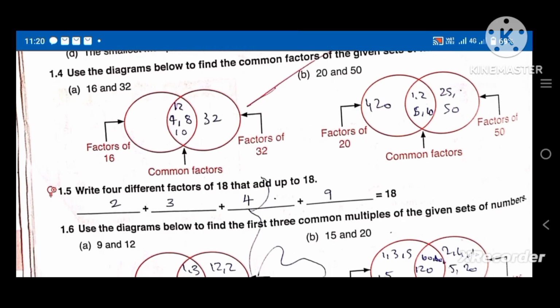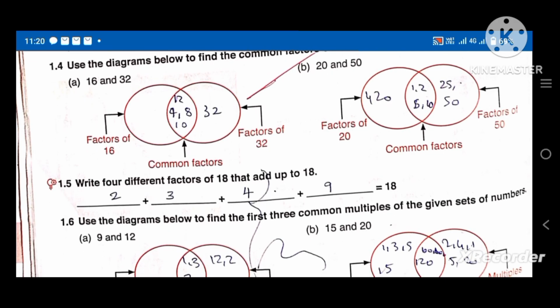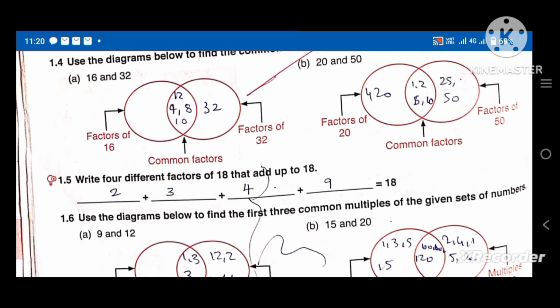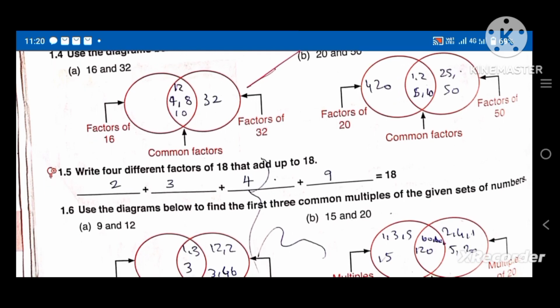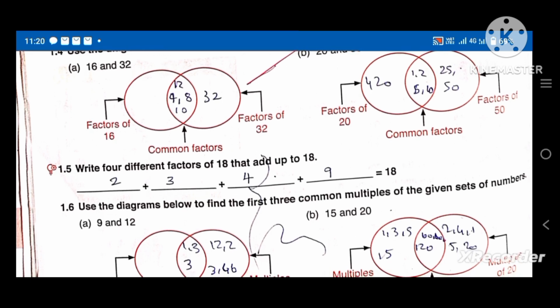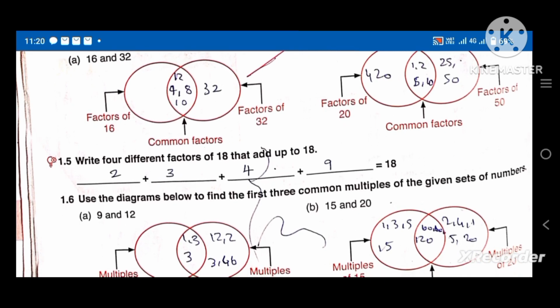A. 16 and 32. B. 20 and 50. Factors of 16. Common factors. Factors of 32.